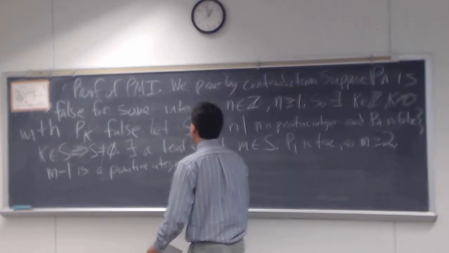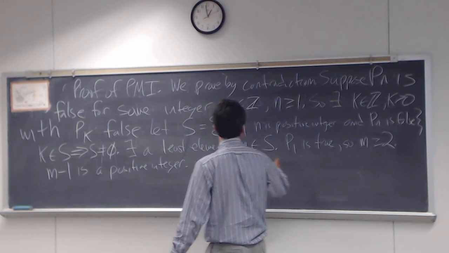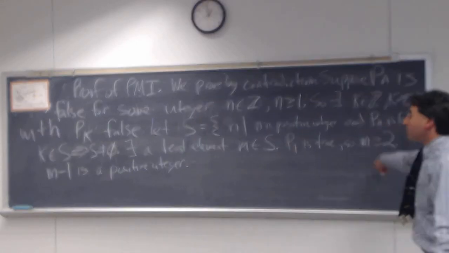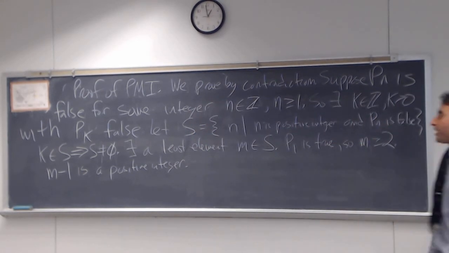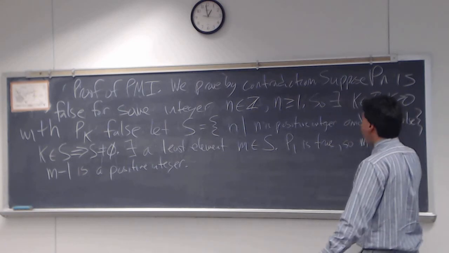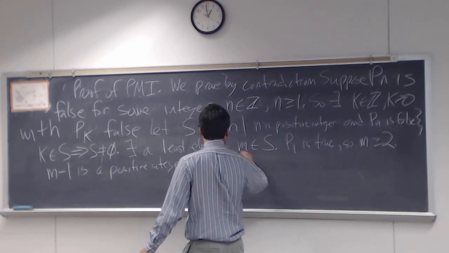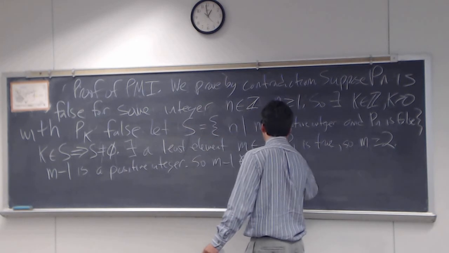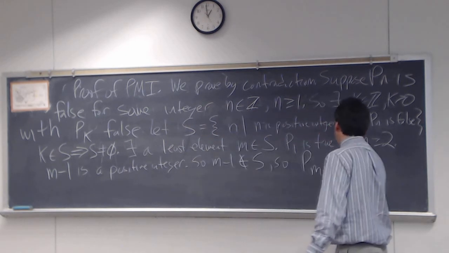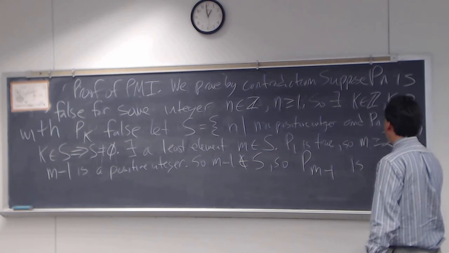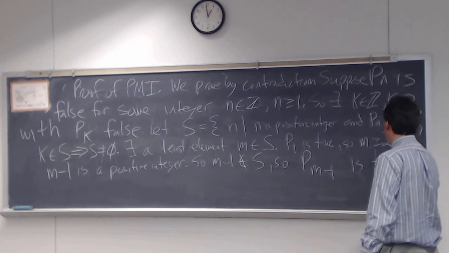Now m minus 1 is not in S because m is the minimum integer in S. That means that Pm minus 1 is not false, so it is true.